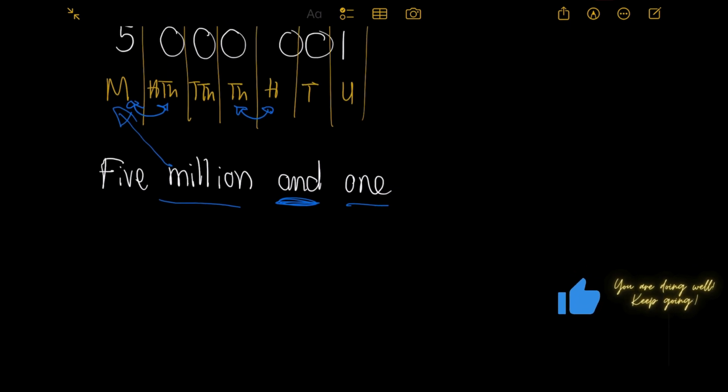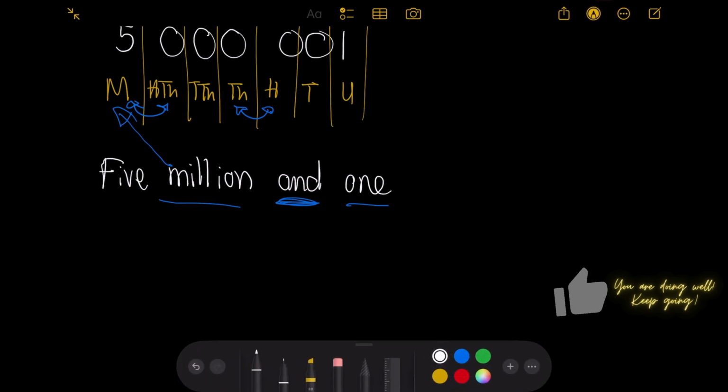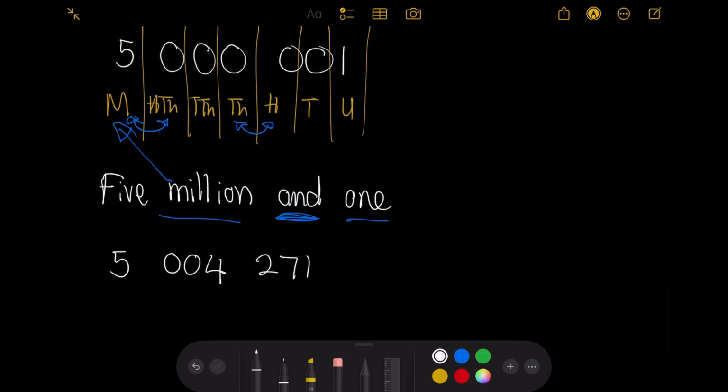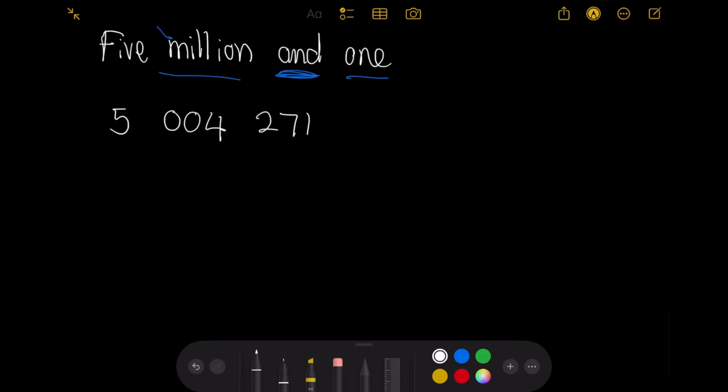So that's really important. So the very, very last example I will give to us is if you have this case. If you have this case, how would you express it?